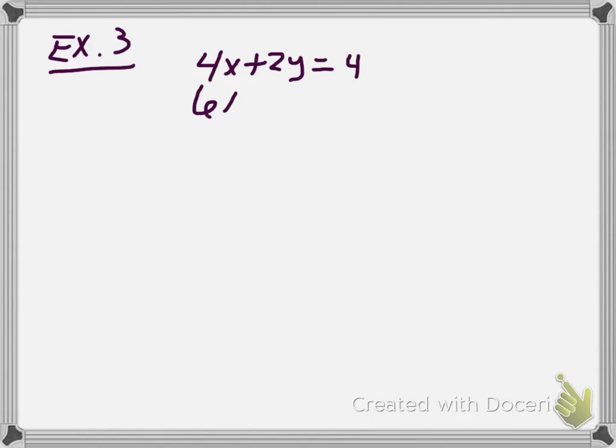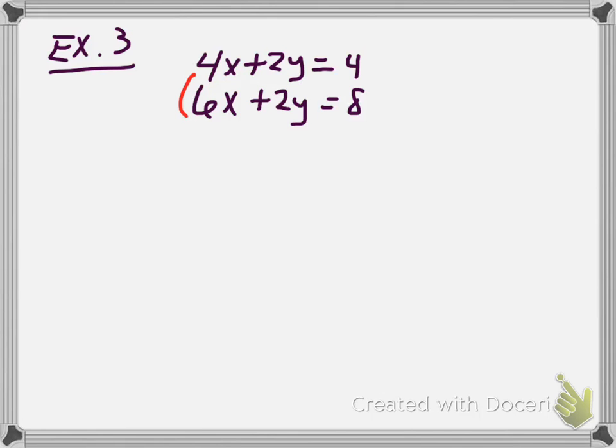Now, sometimes with the equations they give you, you're not going to be able to eliminate your answers as easily as in examples 1 and 2. So we have 4x plus 2y is equal to 4, and 6x plus 2y is equal to 8.